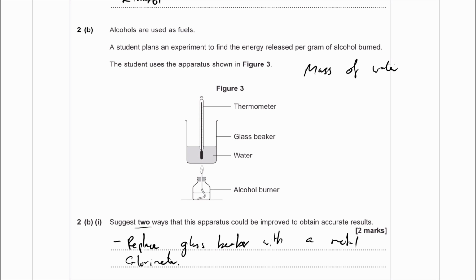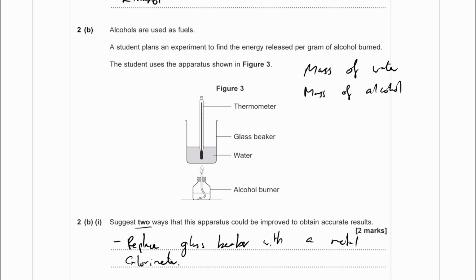Even though in this question we're not asked to talk about the calculations, we know that down the line you are going to need to do some calculations if the data is going to be useful. So we need the mass of water. We also need the mass of alcohol.